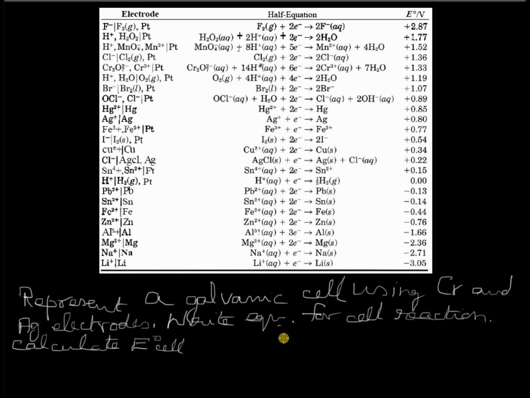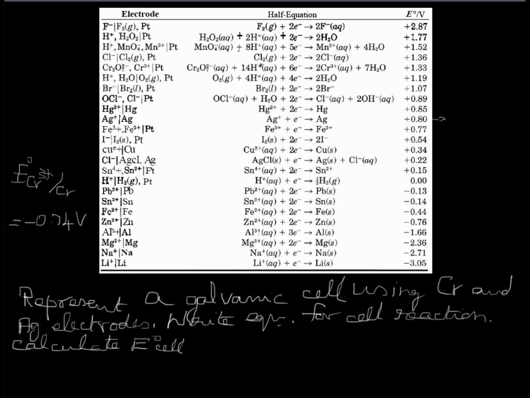So what is the first thing that we have to do? We have to look into the list for the E0 values. Chromium is not given here. The list, we don't find chromium. The value of E0 Cr3+|Cr is minus 0.74 volt. Silver you find here, that is 0.80 volt.